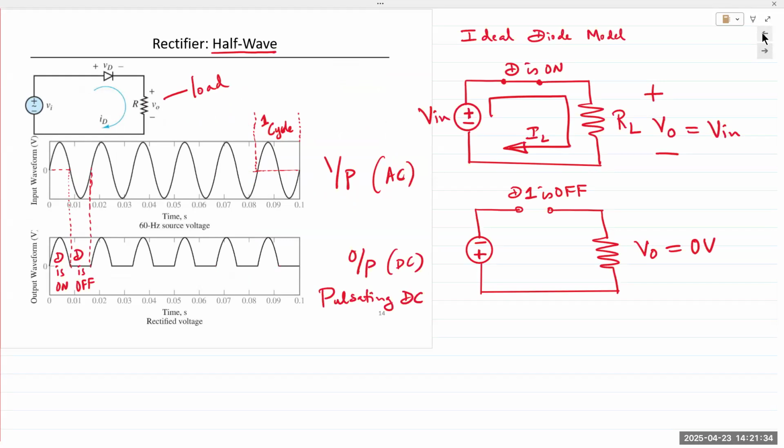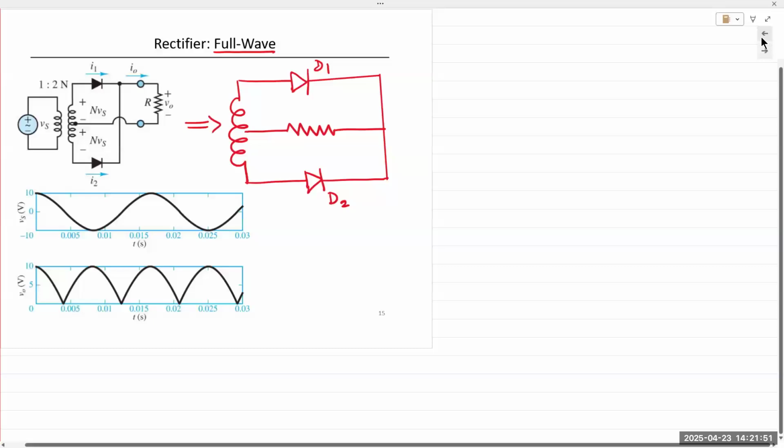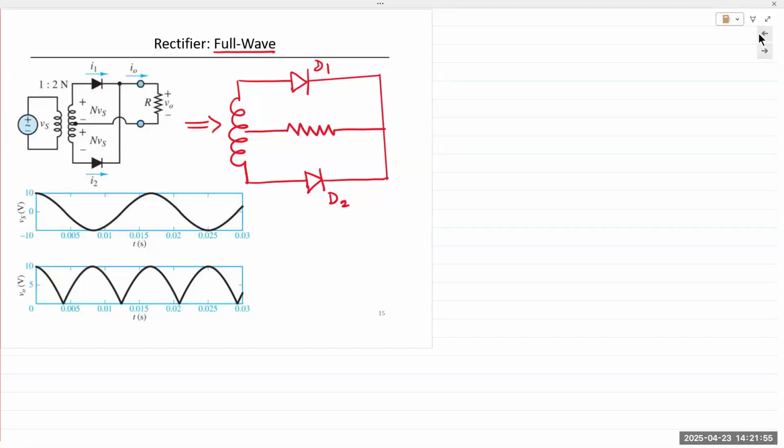You get a negative output. Okay? If you flip the diode in a half wave rectifier, you obtain a negative output because now the diode is on in the negative half cycle and it's off in the positive half cycle. So because of our reference, it'll turn out to be negative, which you will see in a few slides, the application to generate a dual power supply.